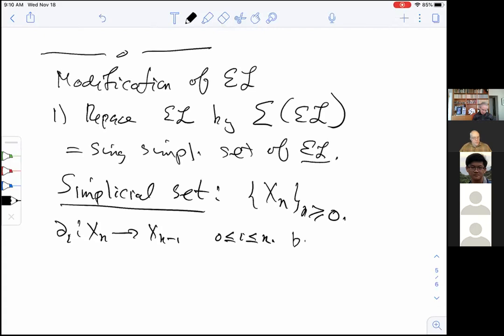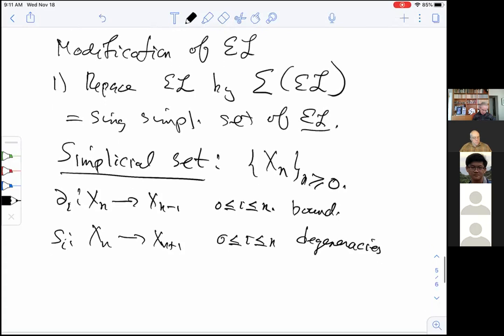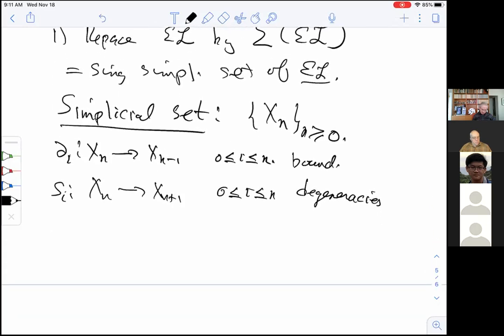These are boundary maps. And degeneracies, which go from X_n to X_{n+1}. Again, there are n plus 1 of them. These are the degeneracies. And they satisfy some quadratic or composition relations.